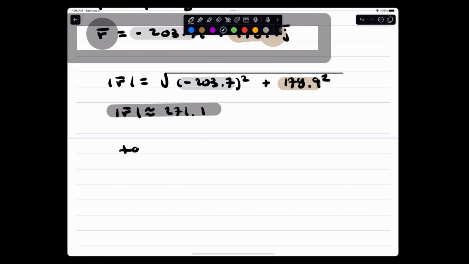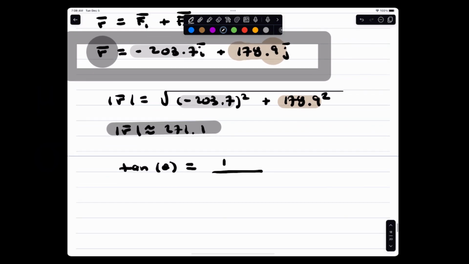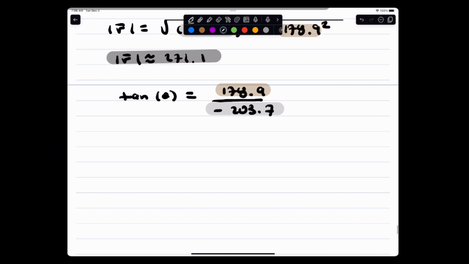So now we have tangent theta going to be the ratio of 178.9 over negative 203.7. And theta then will be the inverse of this.